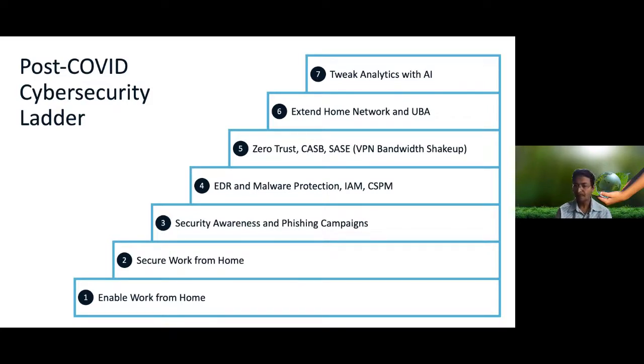The third thing that we started doing was phishing campaigns. Lots of phishing, because phishing was very high at that time. The phishing numbers overall, industry wide, increased by about, let me get that number, 30,000%.